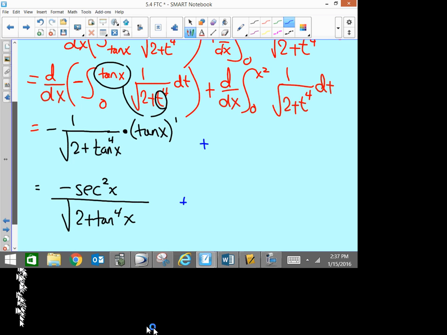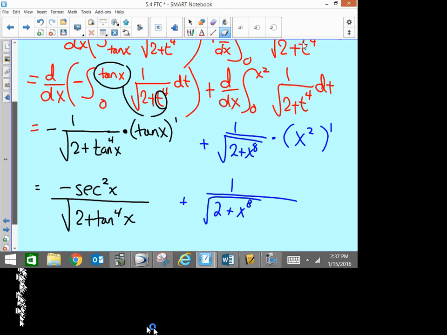What you got? 1 over the radical of 2 plus x to the 8th, times the derivative of x squared, which is 2x. So then this one becomes 2x over the radical of 2 plus x to the 8th. That's pretty, isn't it?